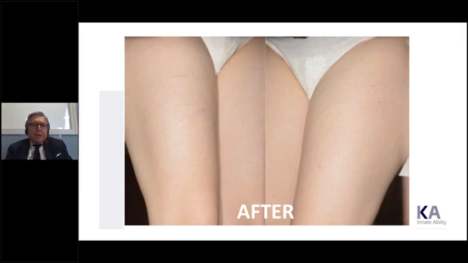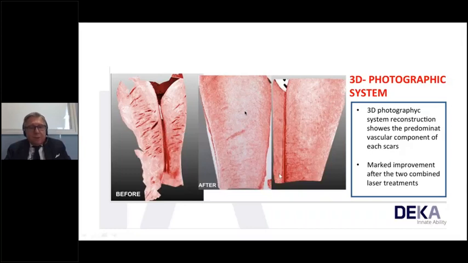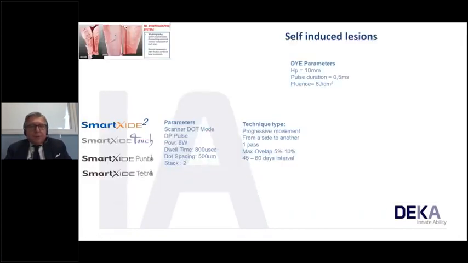You see, we are really proud because the psychiatrists that follow the patient called us to thank us because we contributed to the psychological balance of the patient. You see here the 3D images and the evaluation of the chromophore, which improved after the procedure with the pulse dye laser and fractional. Well, you see the parameters.